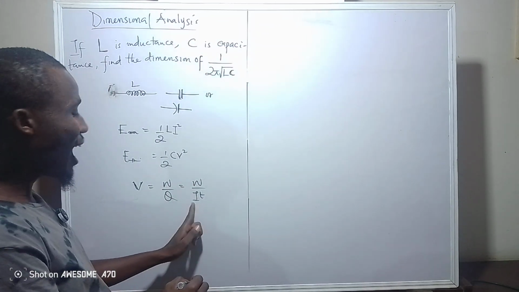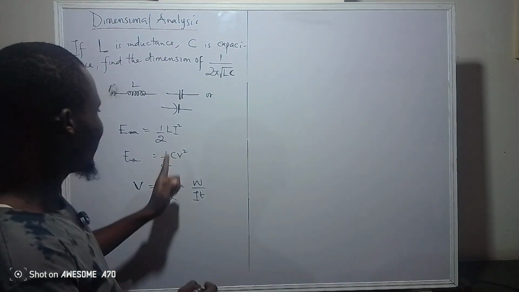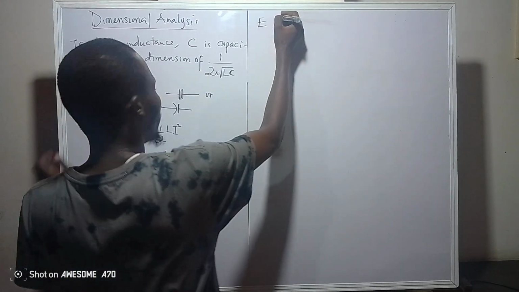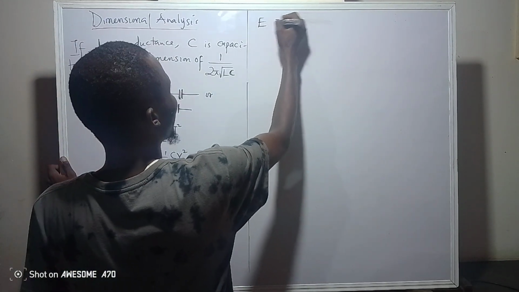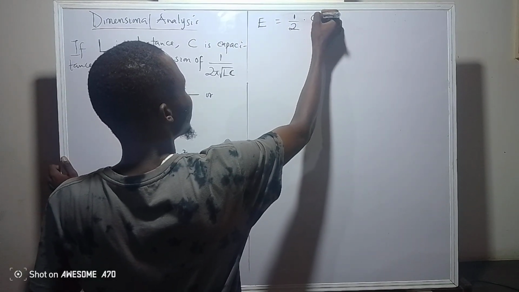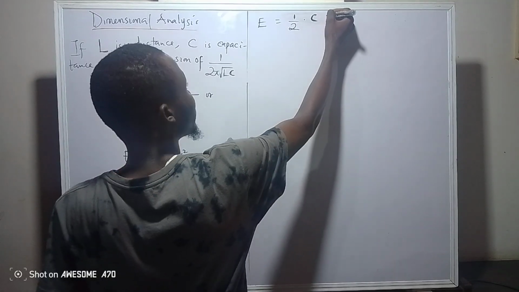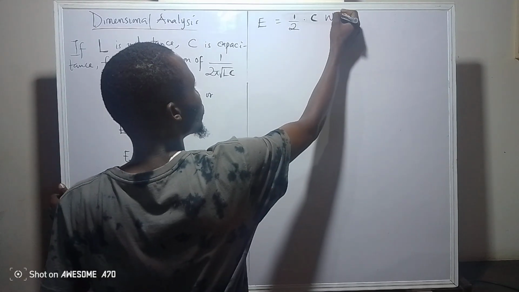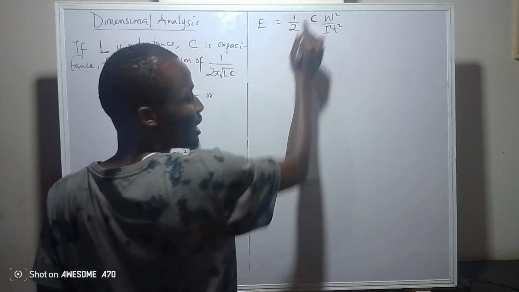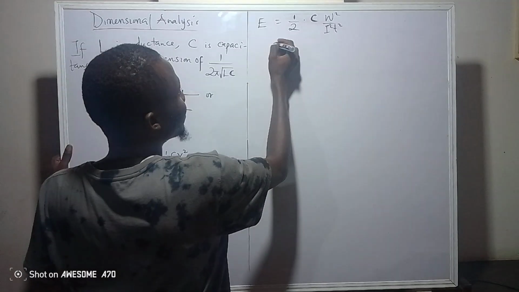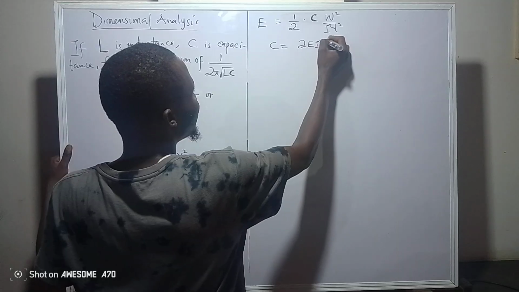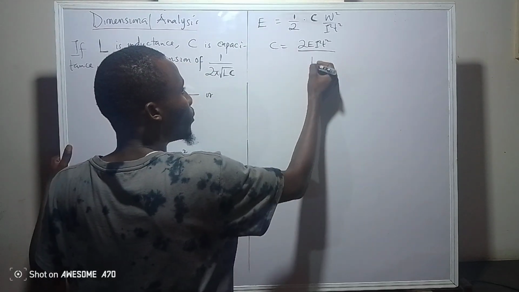Q is equal to I T. So we can say that the energy stored in our capacitor E becomes 1 over 2 times C, then W squared over I squared T squared. When we make C the subject of the formula, what do we have? We have C equals 2E I squared T squared over W squared.